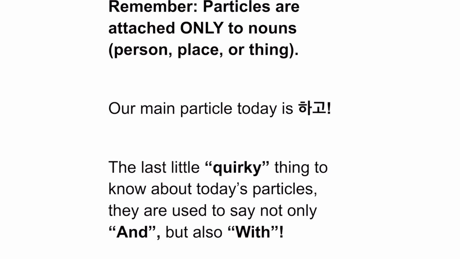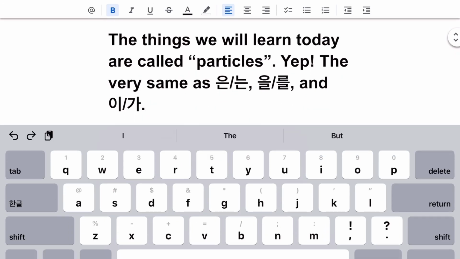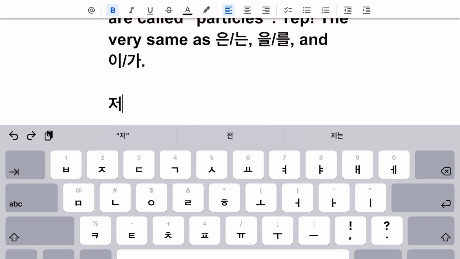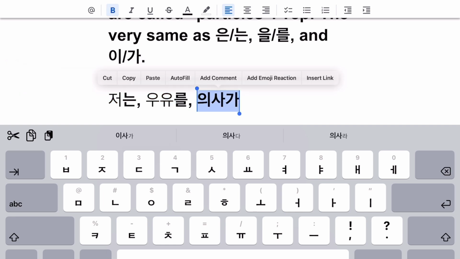Particles like 하고 are attached right next to a noun, like 저 and 는, or 우유, milk, with some particle: 우유를, 우유가, 우유는, 의사가.